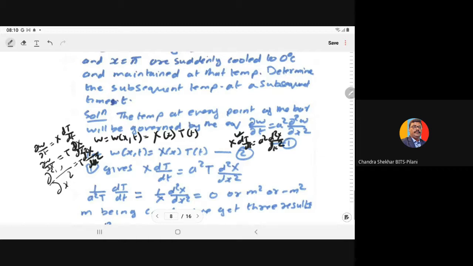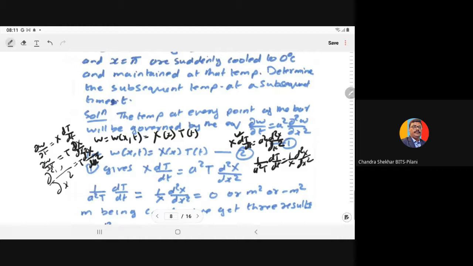When we separate the variables, it will become 1 upon a squared T dT by dt equals 1 upon X d2X upon dx2. That means on one side we keep the variable t, and on the other side we keep the variable x.